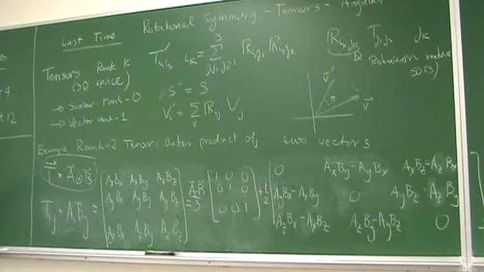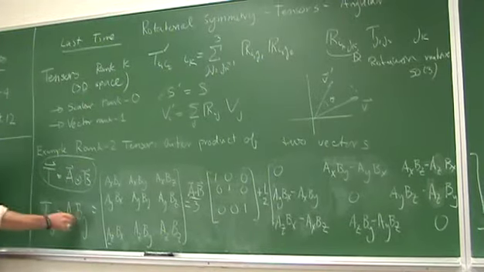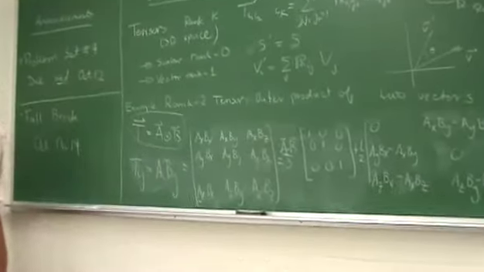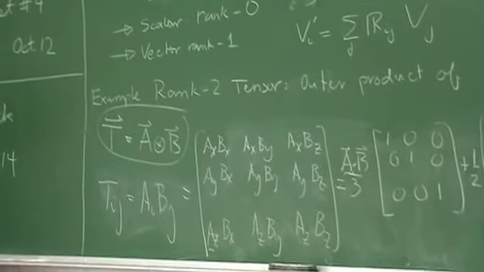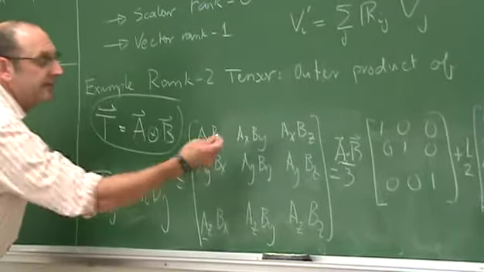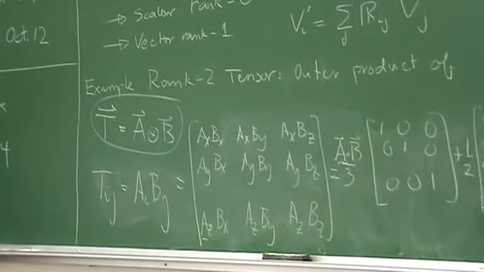This is the outer product in three-dimensional space. This is not the outer product in Hilbert space, necessarily, okay? So the components of this tensor are just given by the products of the components of the two vectors. And written out as a 3x3 matrix, this is that 3x3 matrix.